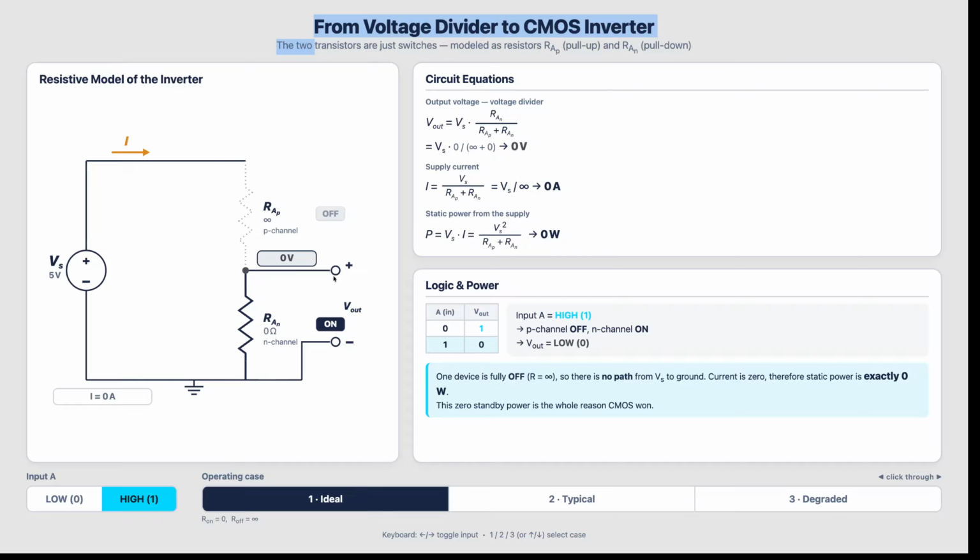That forces the output to 0 volts. So things are working exactly like we talked about in the previous section of the book, where this acts like an inverter. And the role of RAP and RAN is the transistors that are implementing these switches.